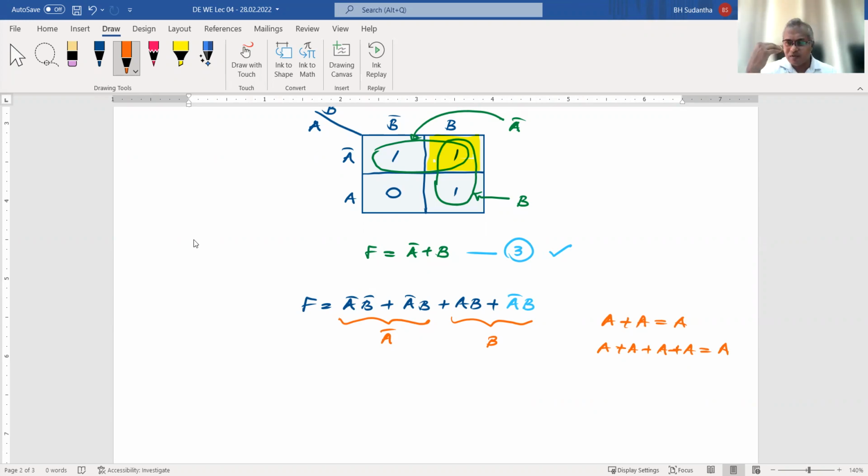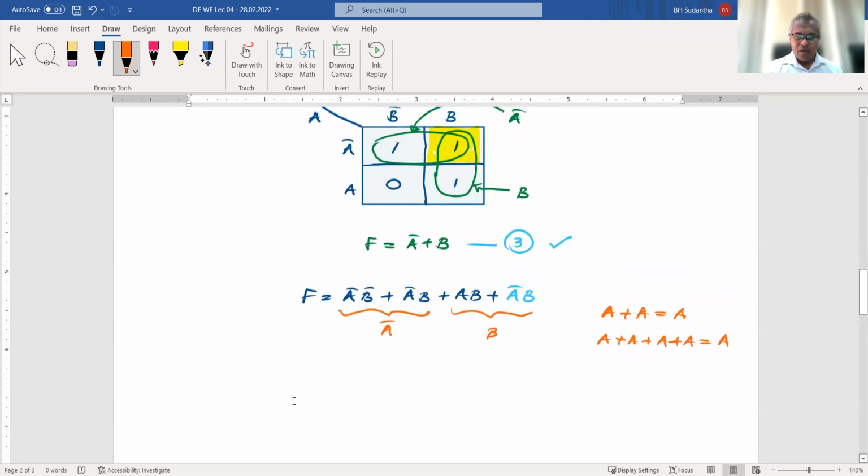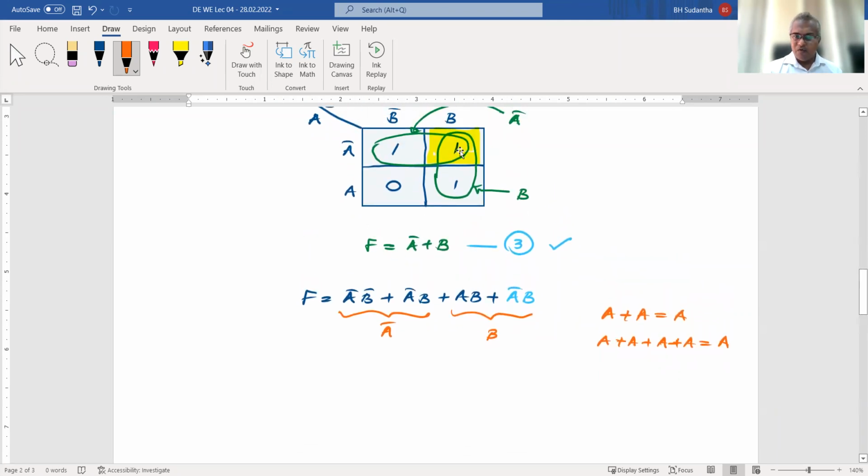But this is not a must. It is not necessary to cover one term many times, but if you think that this will help the minimization, you can cover it.